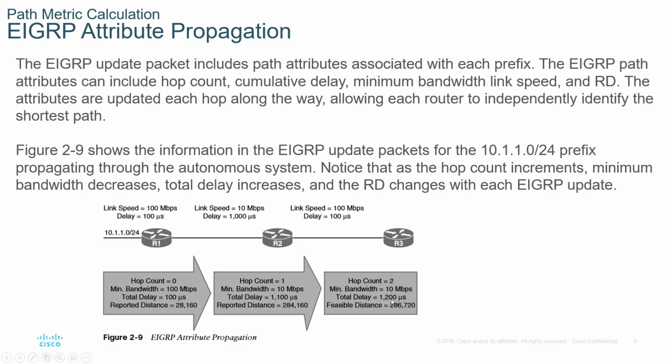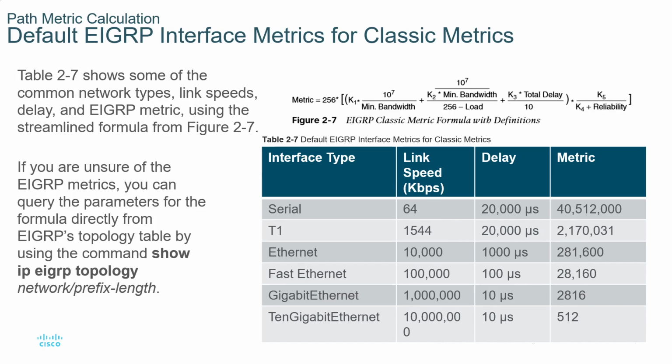It's totaled all the delays together, and it's now got a feasible distance because this is the calculation point of how to get to this network from this device. So here we can see how the bandwidth and delay greatly affected the metric calculations.